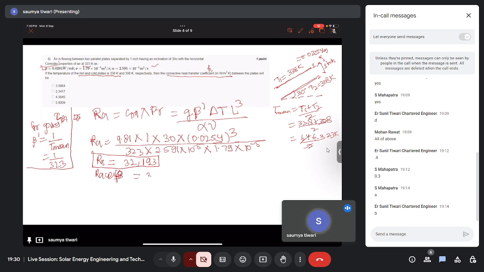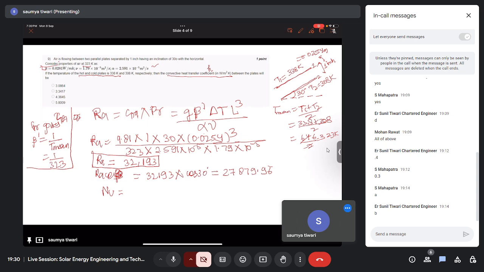So it will be 32,193 into cos of the angle of inclination, which is 30 degrees, right? This value will come to be 27,879.96. This is the Ra cos beta value.